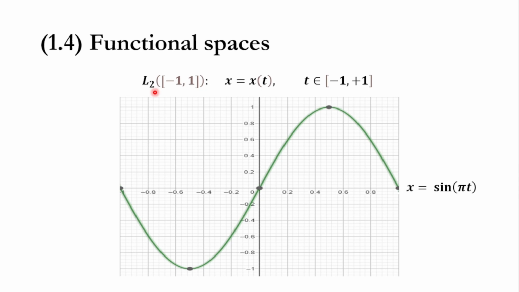Within the parenthesis there is a range, -1 to +1. It is a standard. However, there is x equals x of t, which is a function of the variable t, and t belongs to the range, as we discussed before, -1 to +1. Okay, simple as that. No big deal.